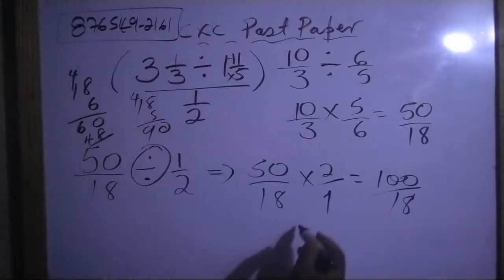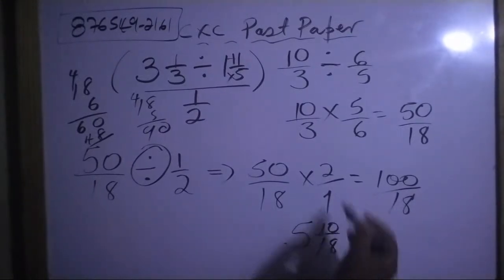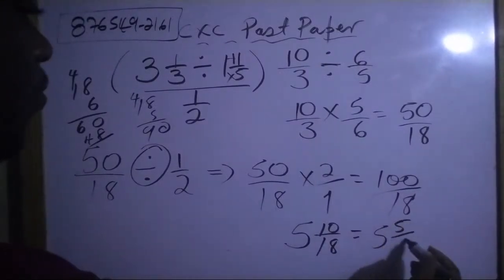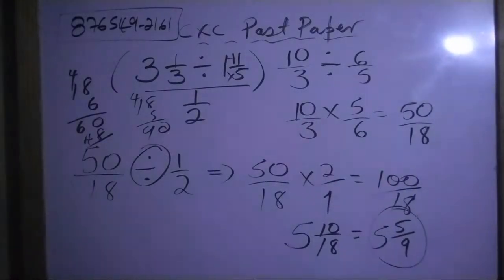So it's actually 90. So it's 5 times and remain with 10 over 18, which we can further break down to 5 and 5 over 9. I did see that answer, 5 and 5 over 9.